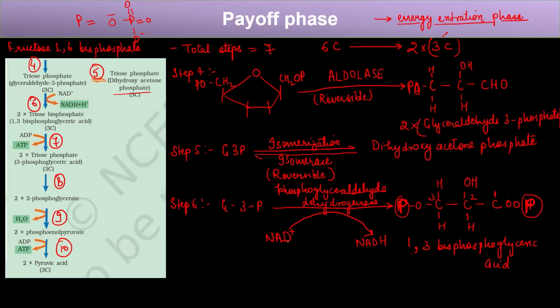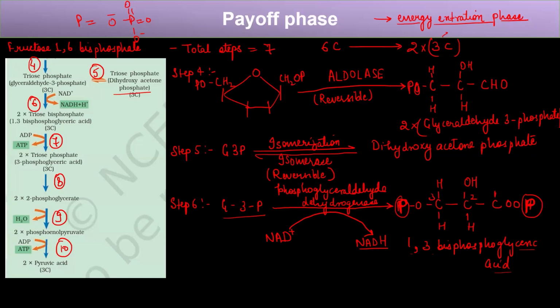In the presence of this dehydrogenase, NAD+ is getting reduced, which means glyceraldehyde 3-phosphate is getting oxidized, right? So it undergoes oxidation to form glyceric acid. This is what happens in the 6th step.